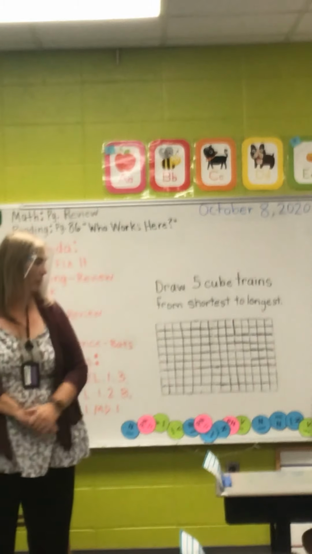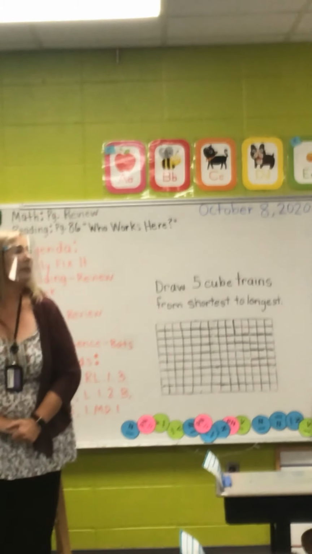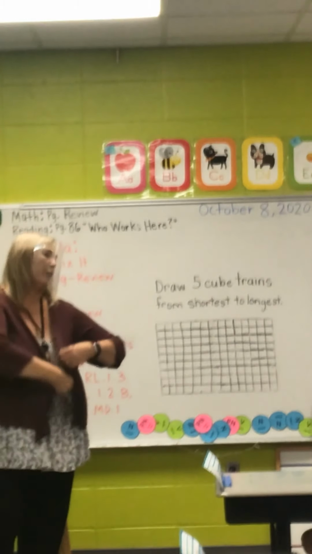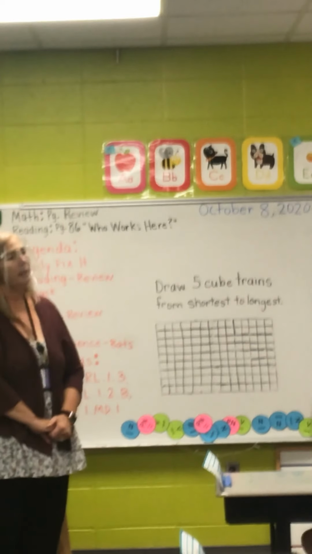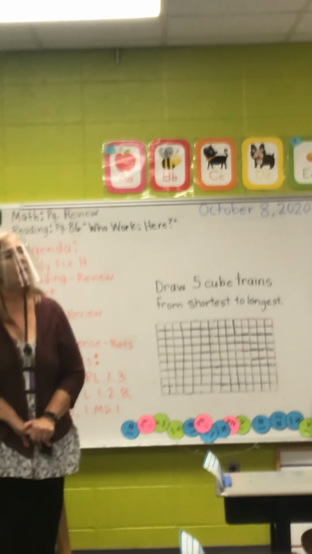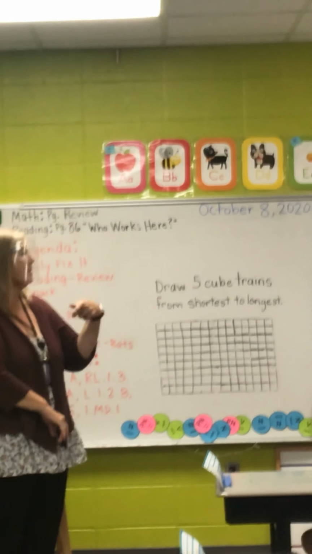Use your hundreds chart. 42, very good. Maverick, what is 10 more than 43? 53. 53, good. Addison, what's 10 less than 43?